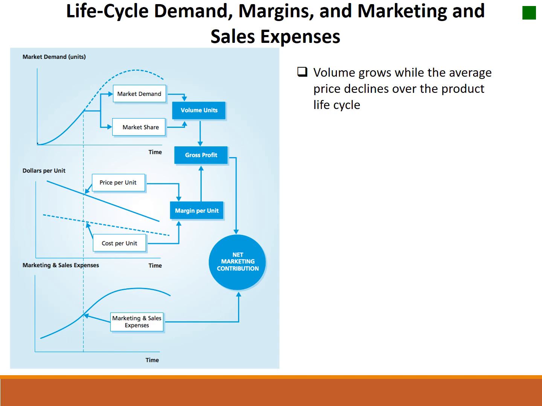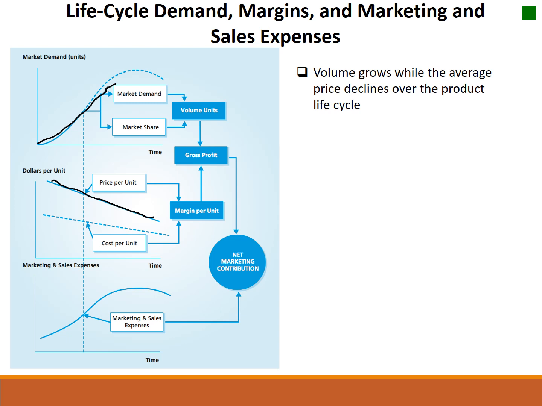So the curve continues up like this initially, but one of the things that happens is price starts to decline because of increased competition and the maturity of the product, commoditization threats and things like that.